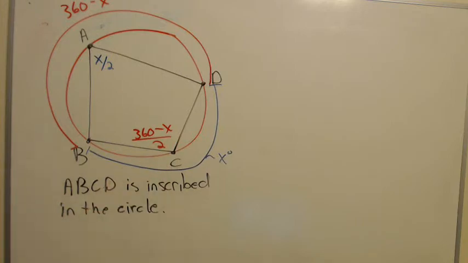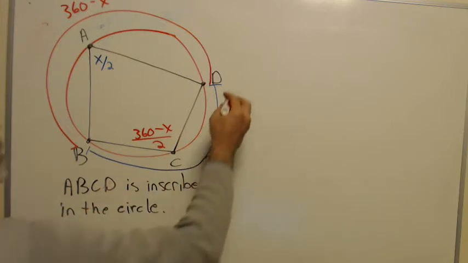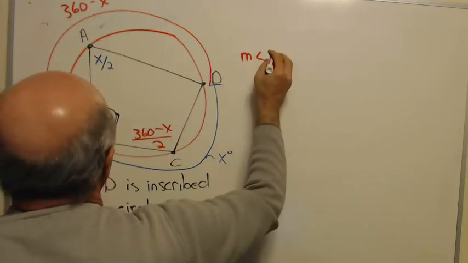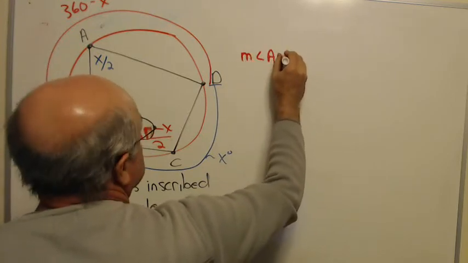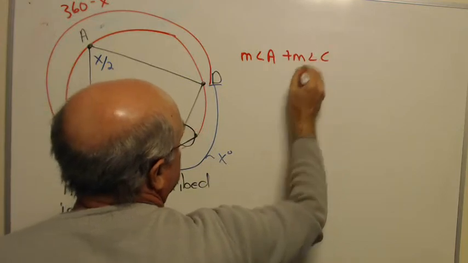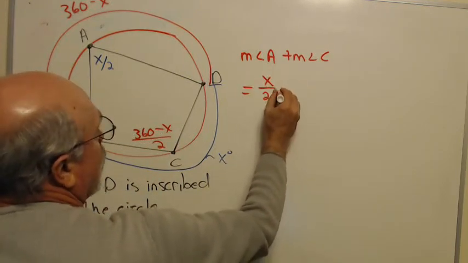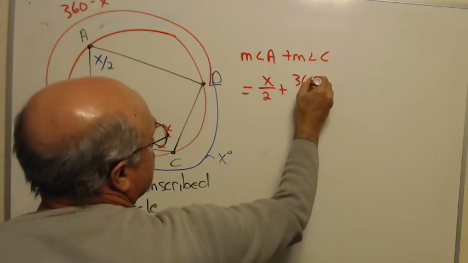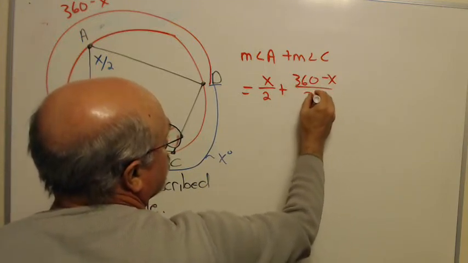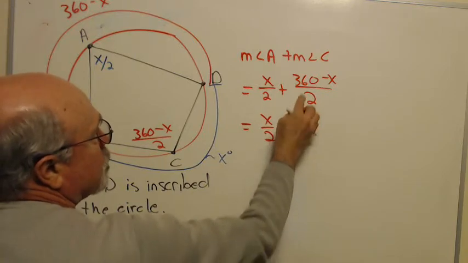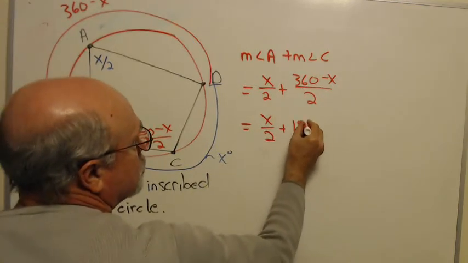We want to see what they add up to. So if we look at this pair of opposite angles, the measure of angle A plus the measure of angle C, we're going to get x over 2 plus (360 minus x) over 2. That's x over 2 plus 360 over 2, which is 180.